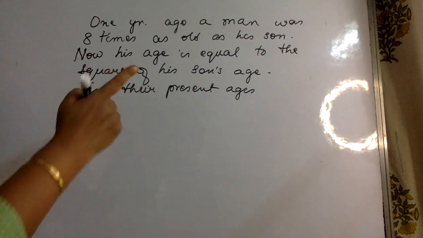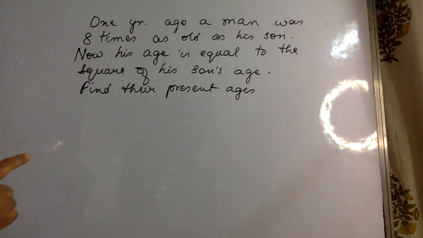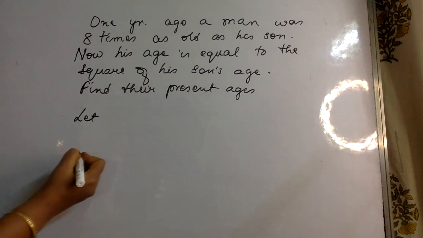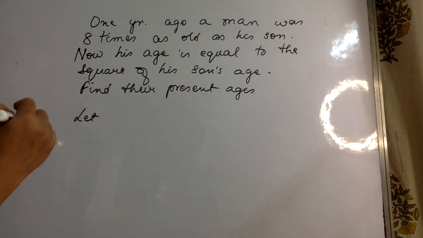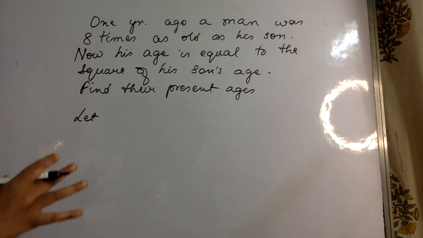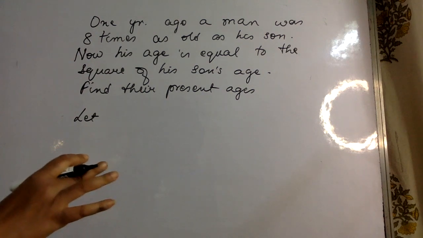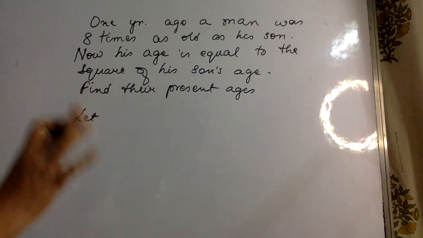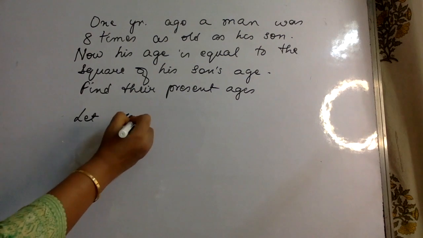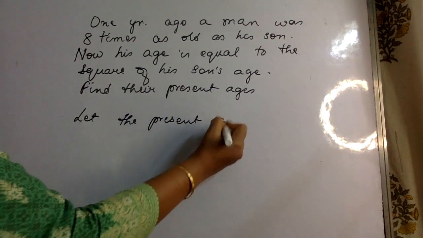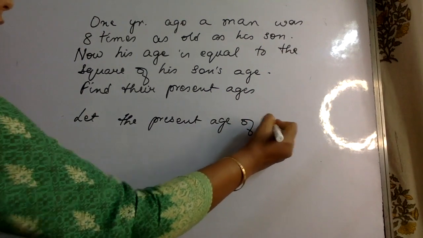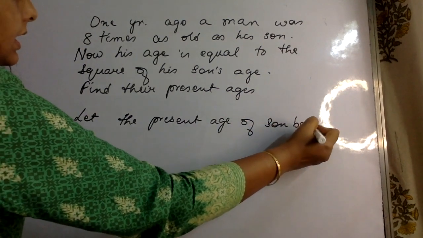One year ago, a man was 8 times as old as his son. Now his age is equal to the square of his son's age. In these sums there's always a lot of confusion, so let me do one thing. Let the present age of the son be x.